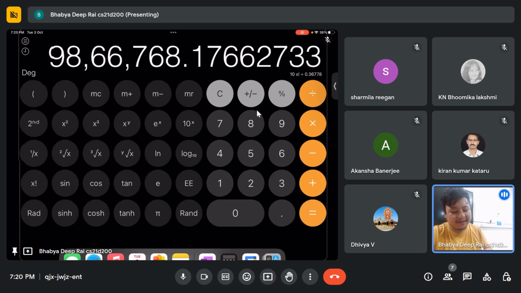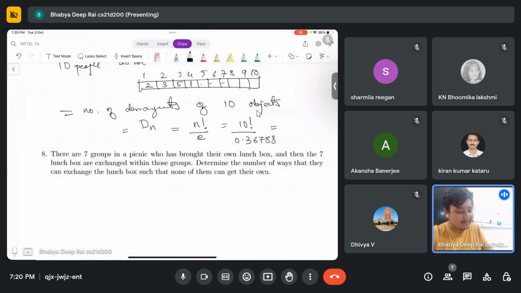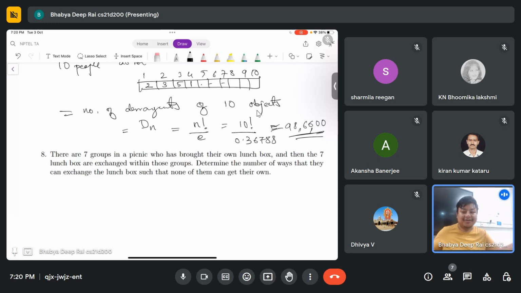You can see some 98,066, around this, almost equal to this number. Such a large number of ways in which this can happen. So derangements go to show that, with a very high probability, the correct hat will not be given to the correct person.